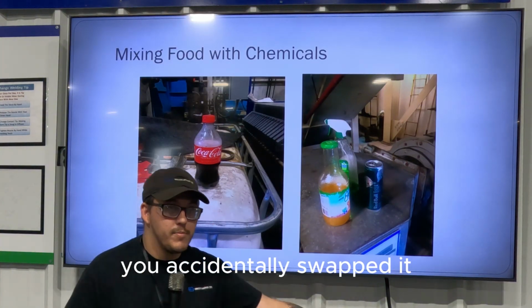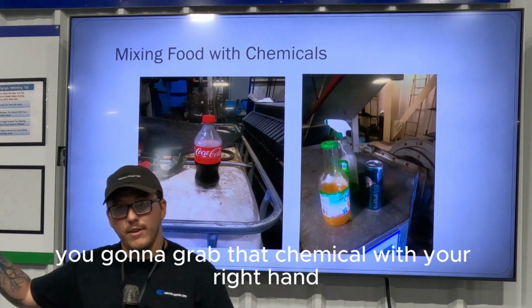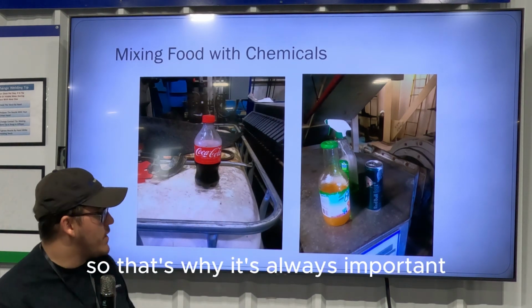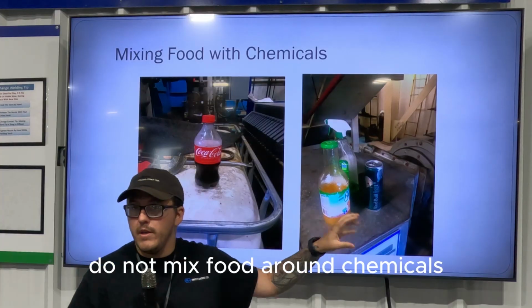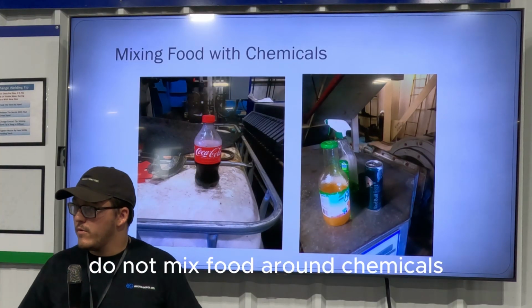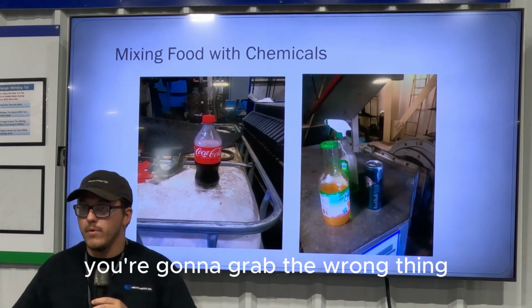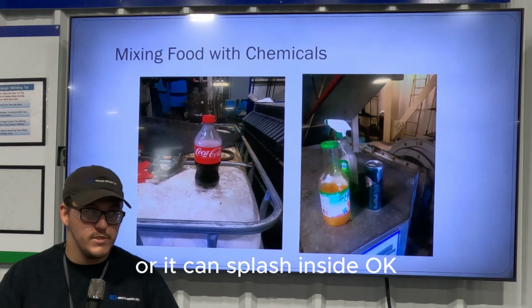Well, you accidentally swapped it while you were talking to somebody. You're going to grab that chemical with your right hand and you're going to take a swig of it. So that's why it's always important: do not mix food around chemicals. Because that one time you're not paying attention, you're going to grab the wrong thing. Or it can splash inside of it. Okay?